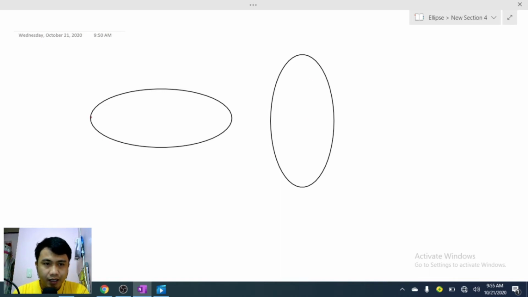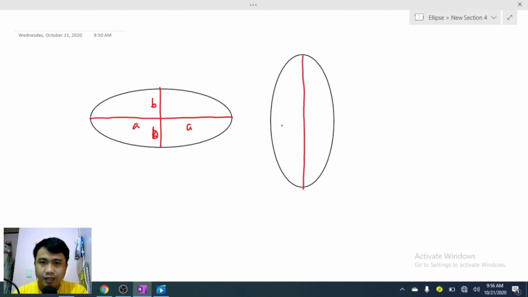Nagiging pahiga siya kapag ang ating major axis ay horizontal. Pahiga din ang ating major axis, at ang ating minor axis ay patayo. So, nandito yung ating A, dito yung B natin. Okay? Kapag doon naman sa patayo, ang ating major axis ay patayo din.